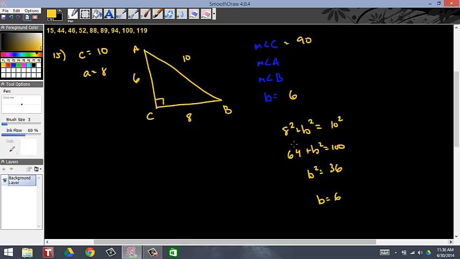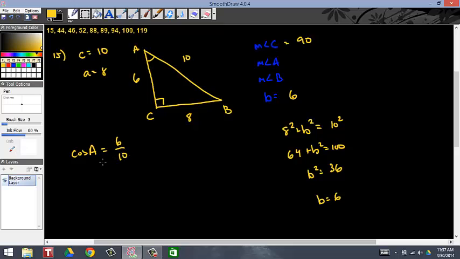Okay, so if B equals 6, now we can find the measure of angles A and B. If I wanted to use cosine, I would say cosine of A. Whenever you're given a situation, I always recommend you use cosine over sine, because cosine doesn't have an ambiguous angle like sine does. So cosine of A is equal to adjacent over hypotenuse, so that's 6 over 10.